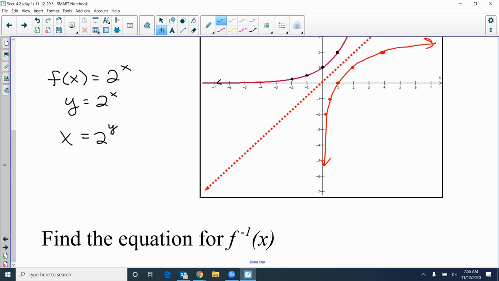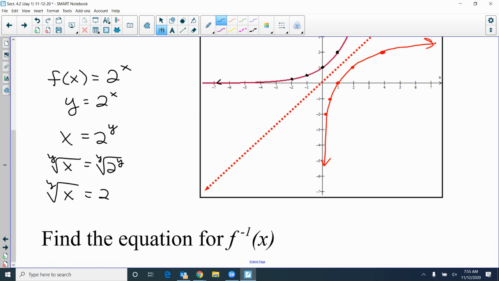Yeah, we got a problem, because y is in the exponent. We can't algebraically manipulate that to get y by itself. A lot of times you want to say, oh, I'll take the y root of both sides, which would give you 2 over here, but now you got that, and that's not y by itself.